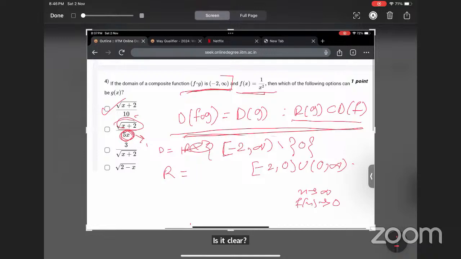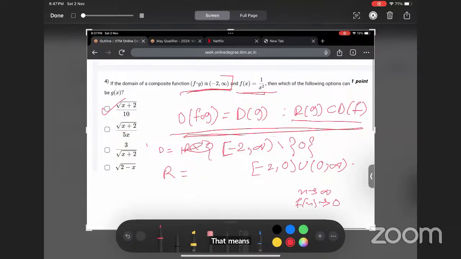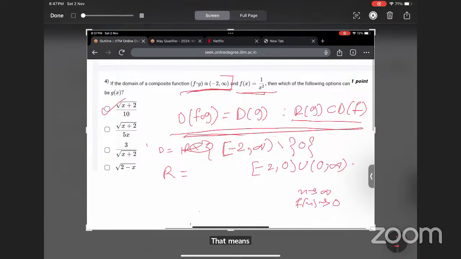Okay. So here the power of x is half, and here the power of x is 1. If you take x common, then this function will be 1 plus 2 over x under root x power half, right? And we have 5x. So we can cancel them out, then we will get x power half here.